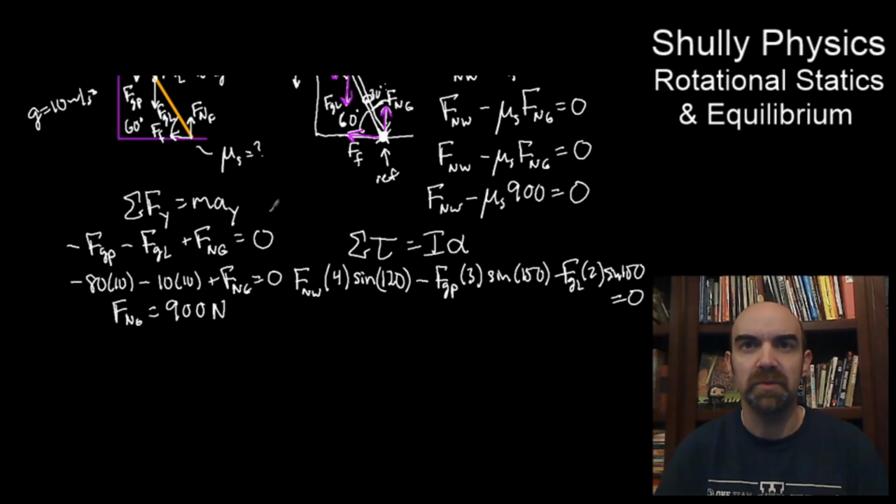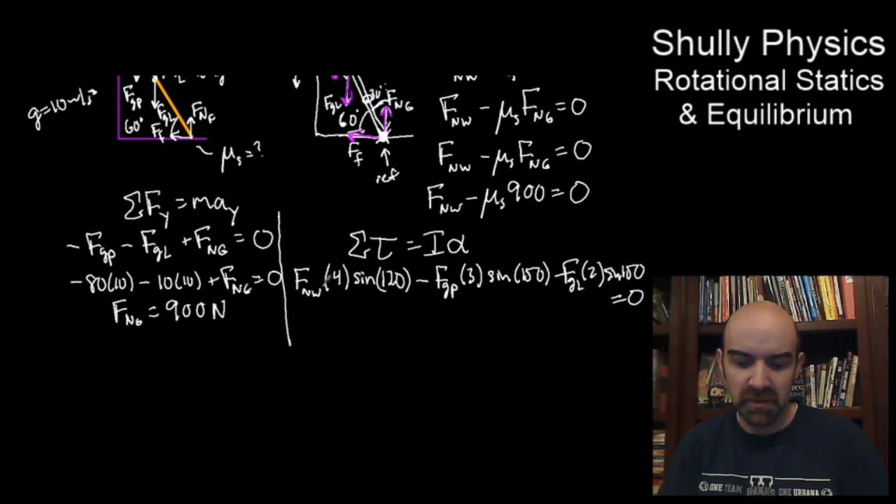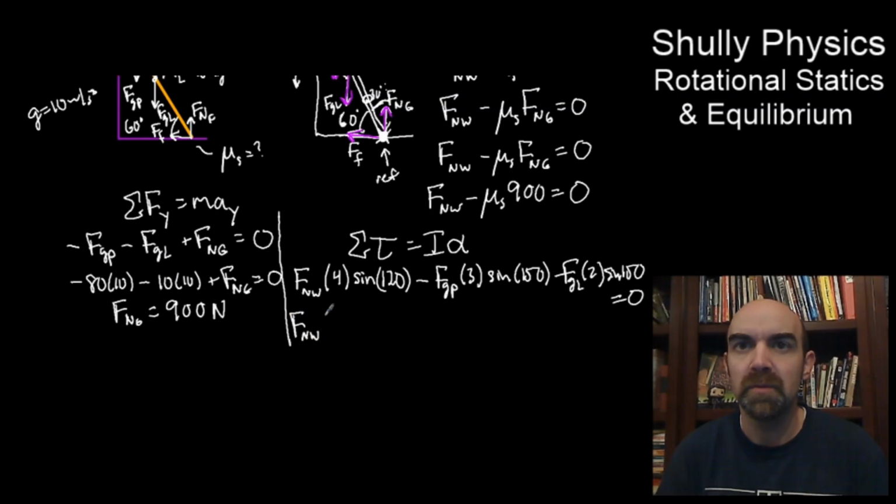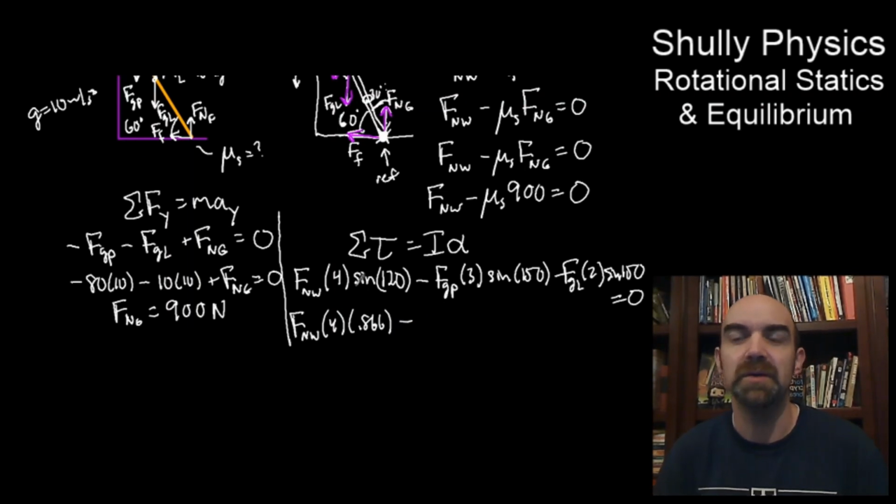Let's work on with some more room here. All right, sine 120, sine 150. We're going to need to know those. Sine 150, I have a guess is going to be 1/2. So sine 120 though is 0.866. Gosh, those uneven numbers.